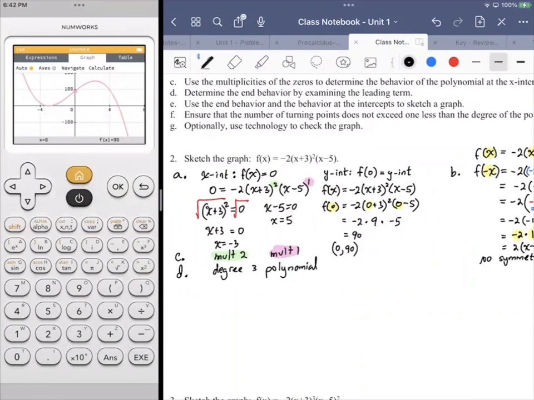And you could get that by adding your multiplicities, all right? Because we have a power of 2 associated with the first factor, a power of 1 associated with the second one. So that comes together to give us a total power of 3, which leads to the degree of the function, all right? Now it's just a question of direction.